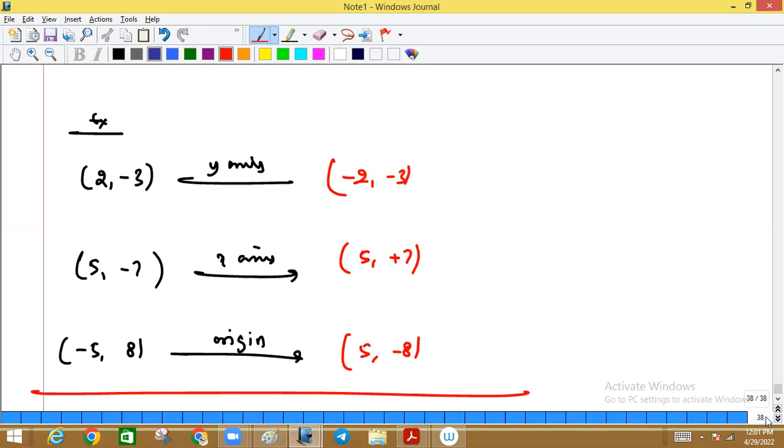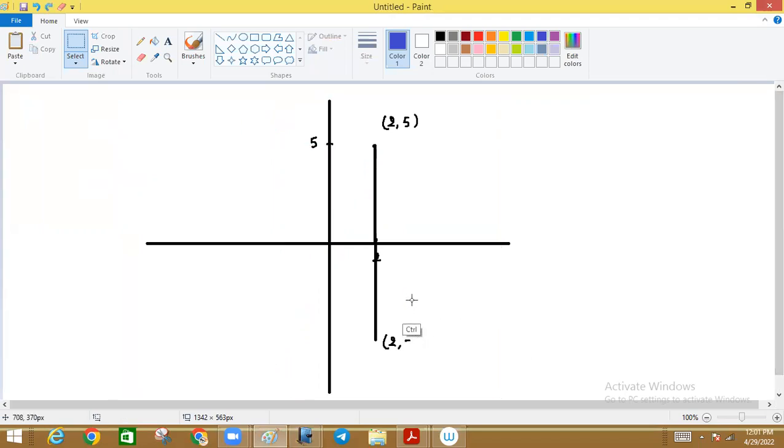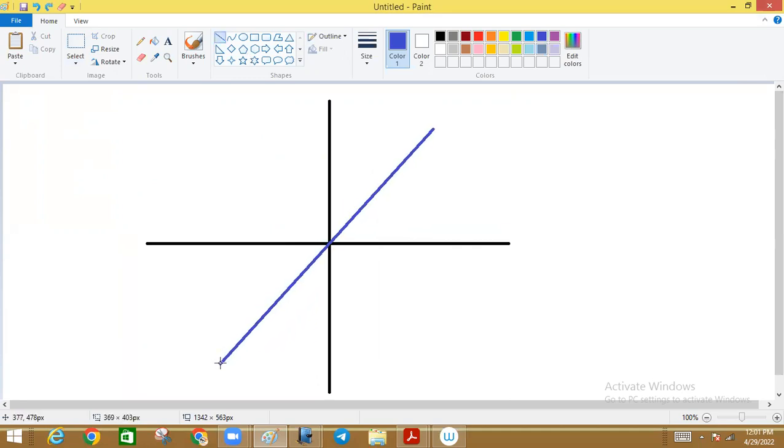Okay. Now, you know this line. This is exactly dividing the coordinate axes into two parts.